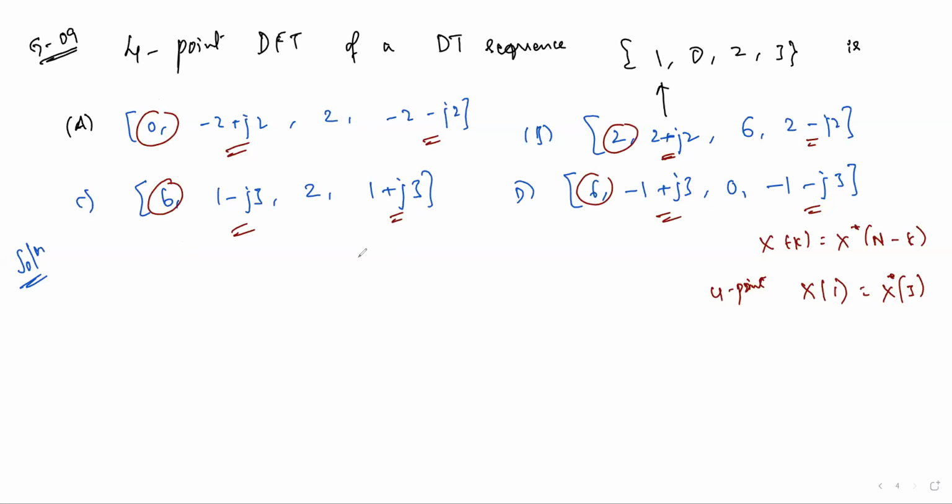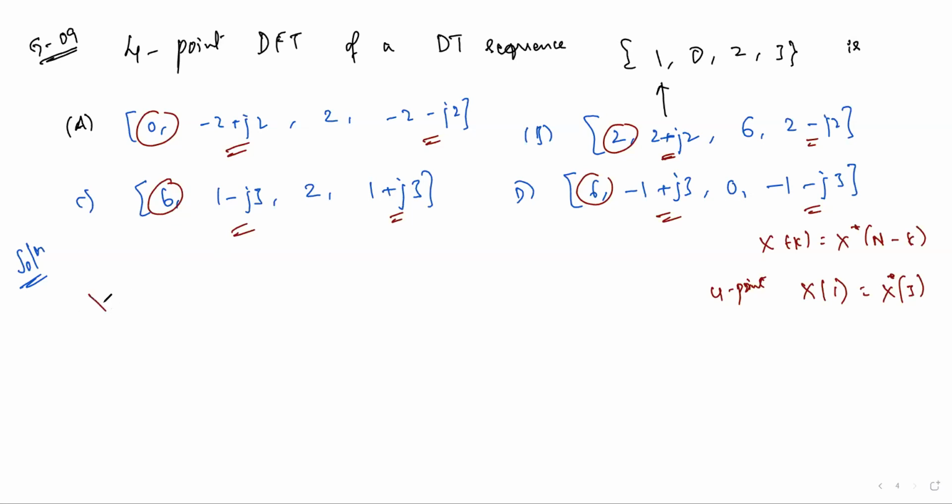If two are equal, we have to calculate the third also. So if we calculate the third element, it will be clear. Let us find the third element first.